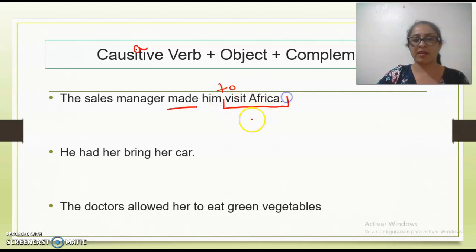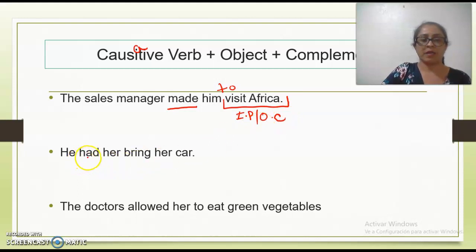So we will say that the sales manager made him to do what? To visit Africa. He had here to do what? Bring her car. Infinitive phrase, object complement.